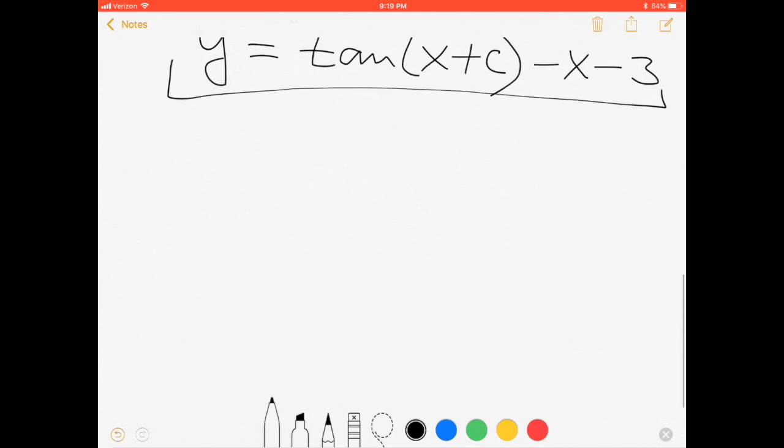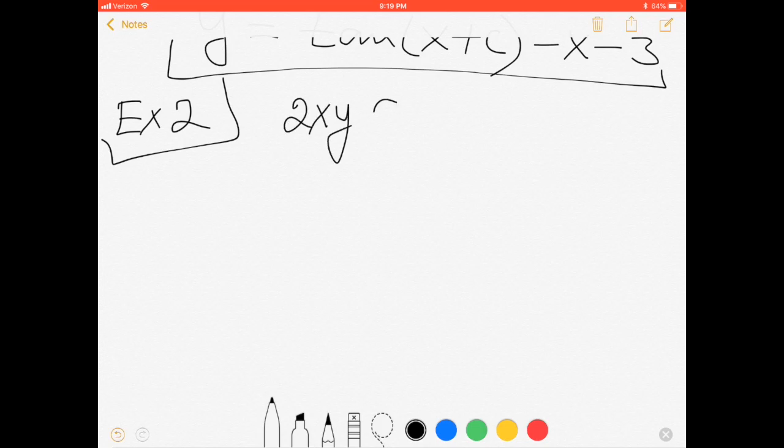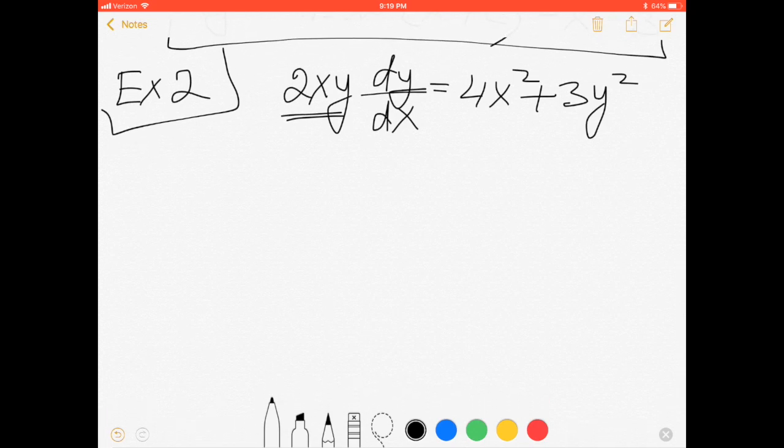One more example. Example 2. Let's go. We have 2xy dy/dx equals 4x squared plus 3y squared. I think first we divide both sides by 2xy and see what happens.